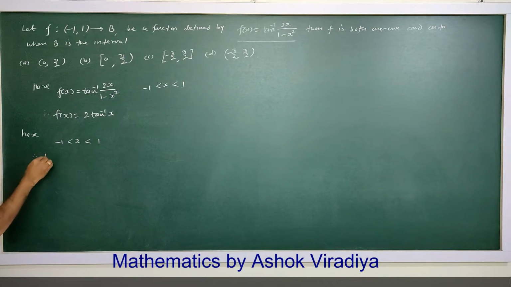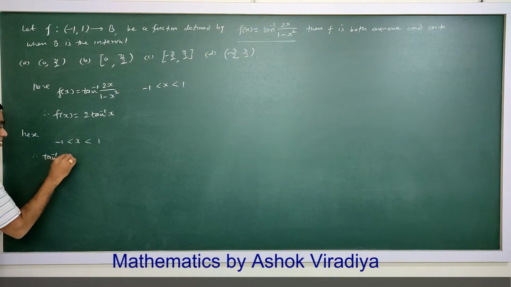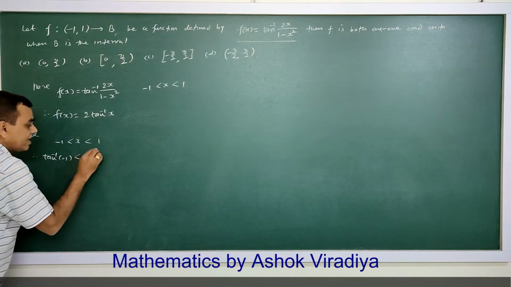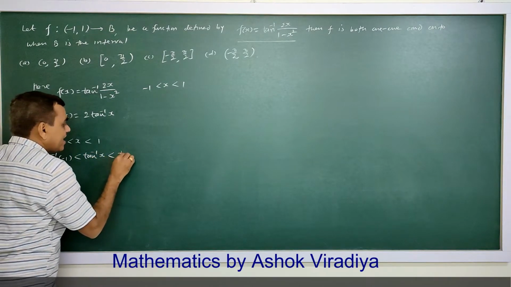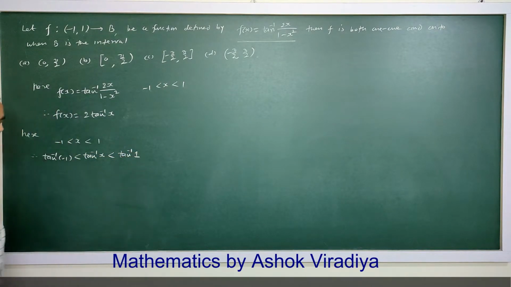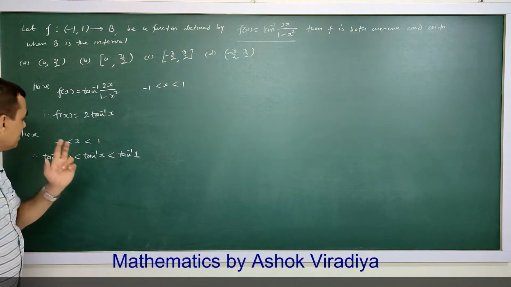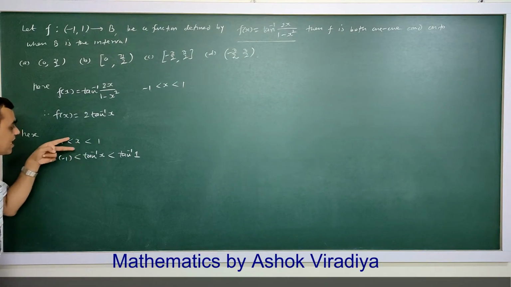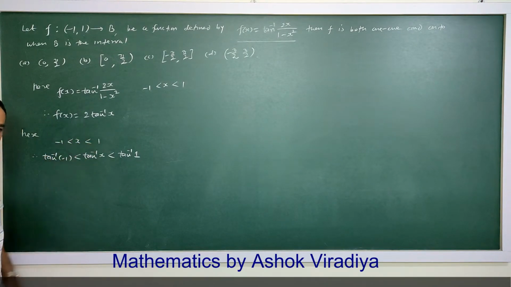It means tan inverse(-1) is less than tan inverse x is less than tan inverse(1). Tan inverse is an increasing function, so applying an increasing function, the sign of inequality remains unchanged.